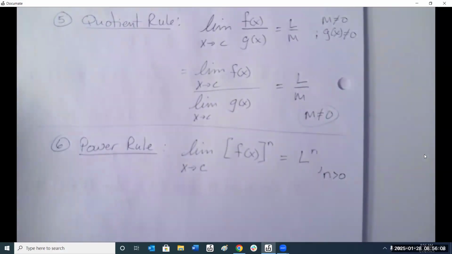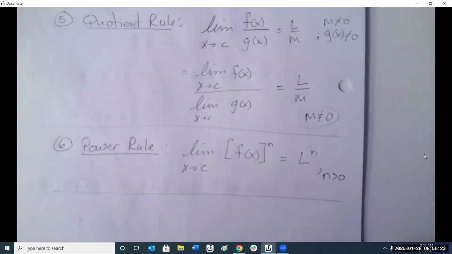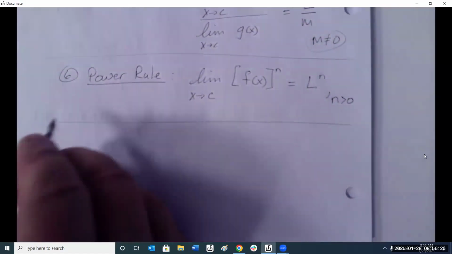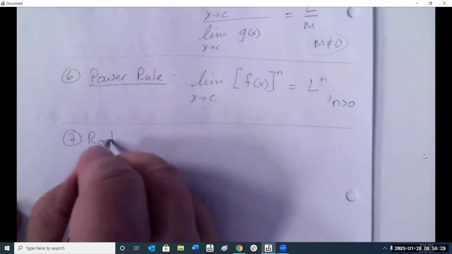Why? Because if n is a rational expression, what do we have? If you have a fractional exponent, what do you have? You have a radical, which is what this one is. The root rule.